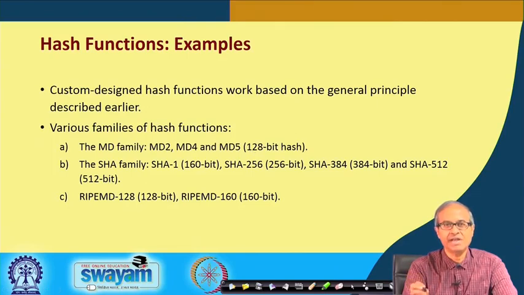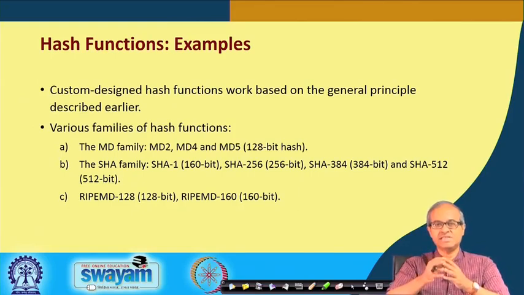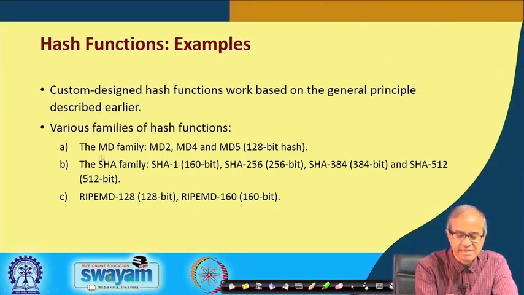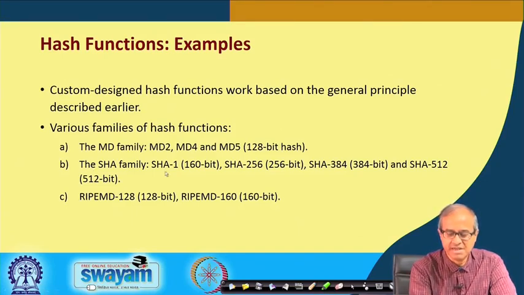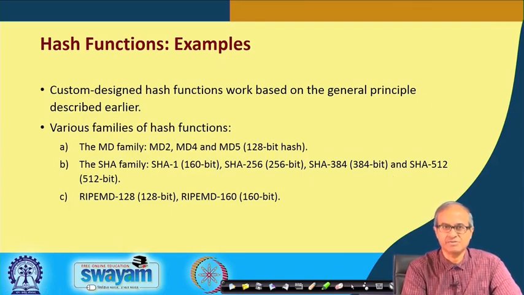At one point in time MD5 was used very widely, but subsequently some collision weaknesses were found. So, at present MD5 is not that widely used, though occasionally it is. Another family called the SHA family is much more widely used, and there are several variations in the SHA family which generate hash values or digests of different sizes, 160 bit, 256, 384 or 512. There are other intermediate varieties also.